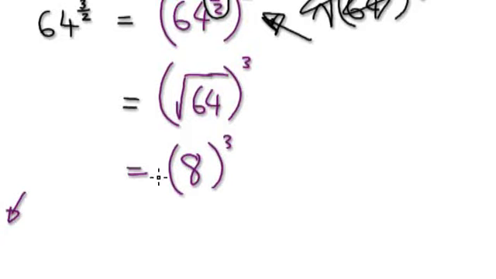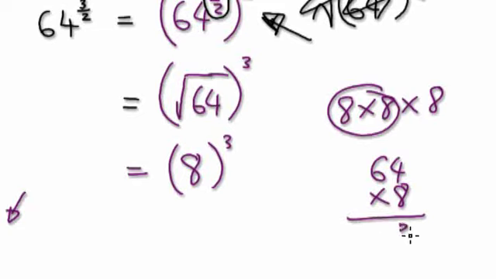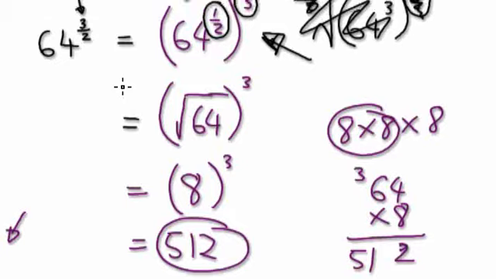Then it's a matter of working out 8 times 8 times 8. This here is 64, so I'm going to think of it as 64 times 8. So that would be 32. Write the 2, carry the 3. This one here 48. So that's 51. So the answer is 512. So this would be your answer to this here.